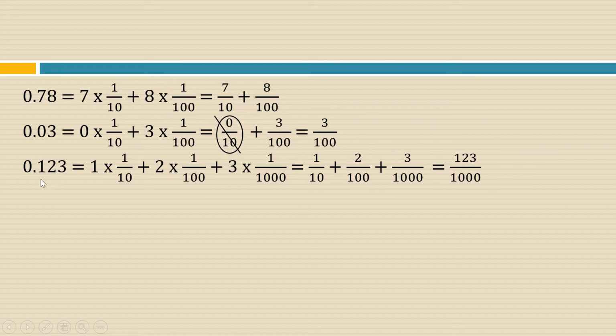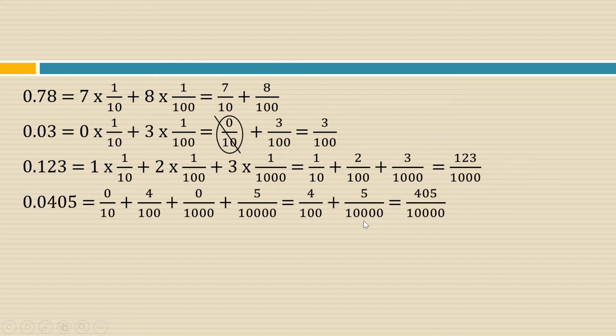0.123. 10th place 1, 100th place 2, 1000th place 3. That is 1 by 10 plus 2 by 100 plus 3 by 1000 equal to 123 by 1000. Another number is 0.0405. 10th place is 0, 100th place 4, 1000th place 0, 10,000th place 5.